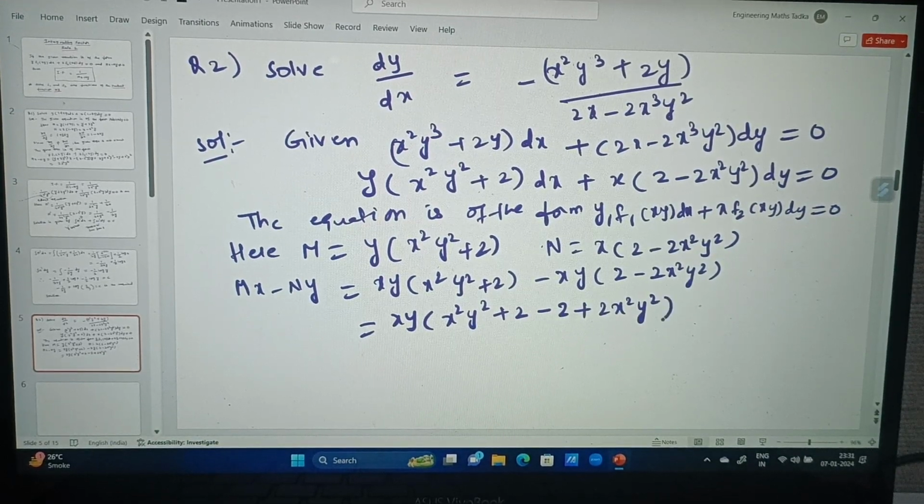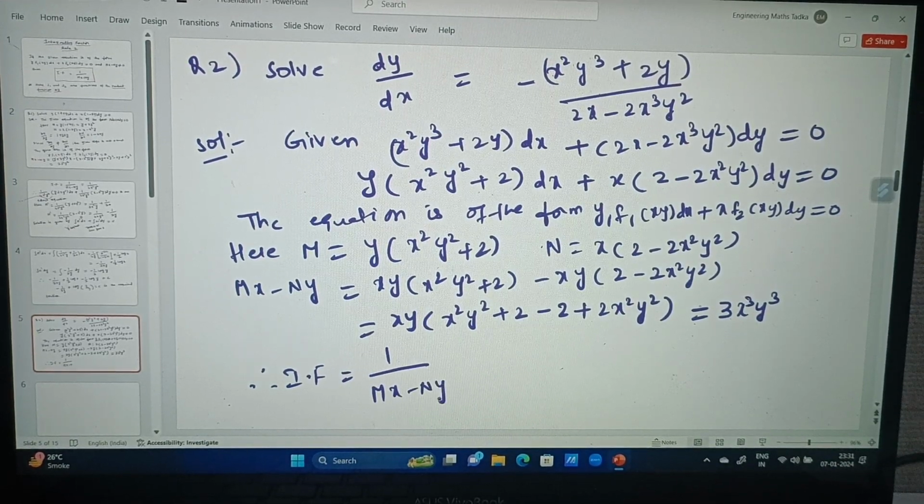Okay, if you observe, plus 2 and minus 2 is getting cancelled, and x square y square plus 2x square y square will give you 3x square y square. If you multiply it by x and x into y, your answer will be 3x cube y cube, which is not equal to 0. Therefore your integrating factor is equal to what? Write the formula 1 by Mx minus Ny, which is equal to 1 by 3x cube y cube.